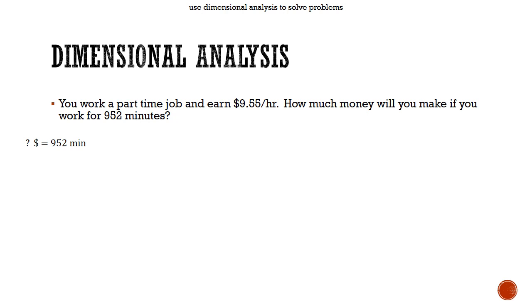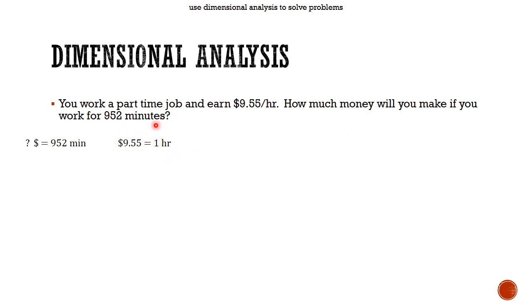Along with this, we also want to identify any conversion factors or equalities we might need. Well, if I look back at the question, this information about our wage, that's an equality. Even though it's not written as such, what that means is that we make $9.55. That $9.55 is equal to 1 hour.